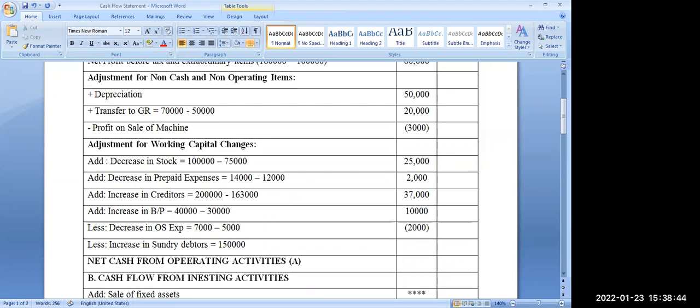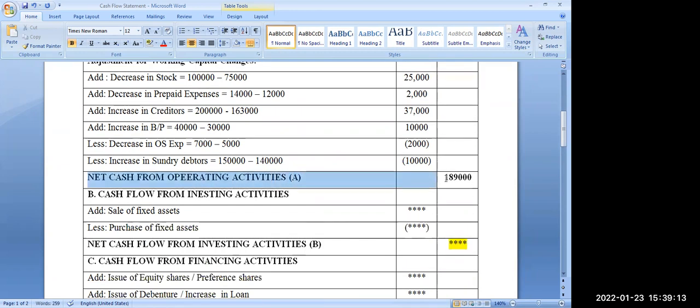So 1,50,000 minus 1,40,000 equals 10,000 rupees less. Now the net result is 1,89,000, plus. Plus 1,89,000 is the net cash flow from operating activities.